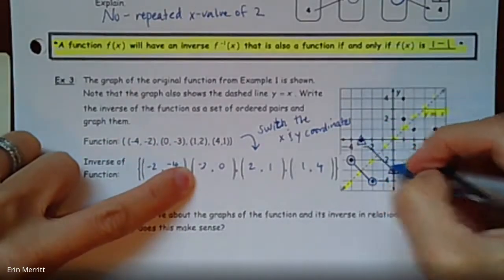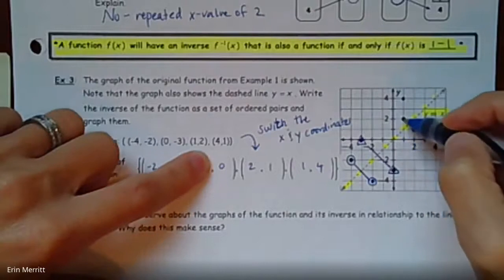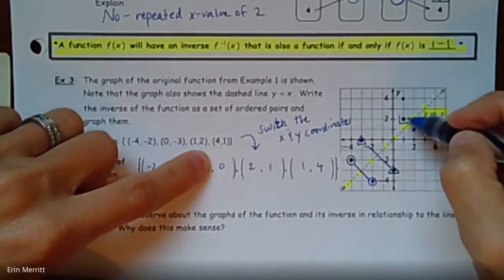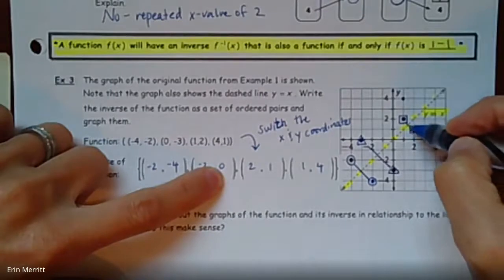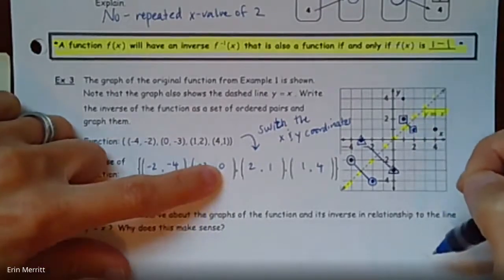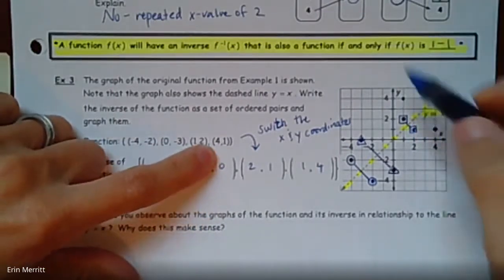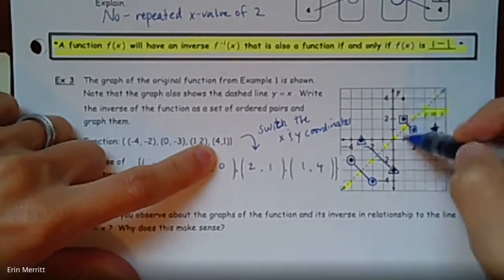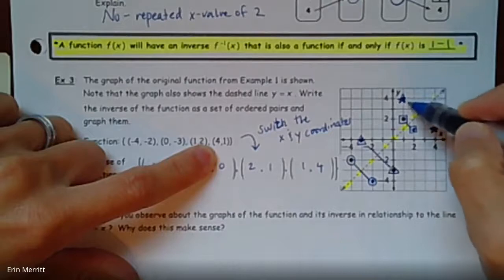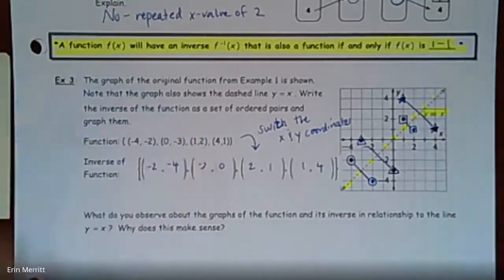Connect those. I've got 1, 2. We can make a square shape this time. And then its inverse is 2, 1. Connect. And then the last one, maybe we can use a little star shape. If I go over to 4, 1, and then 1, 4, its inverse, just so you can see them visually.